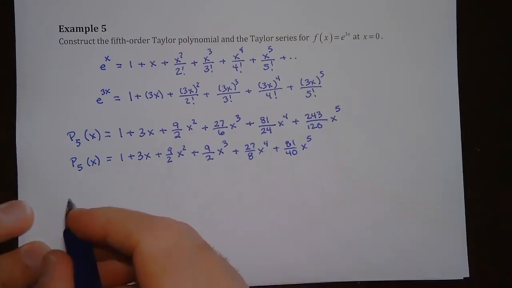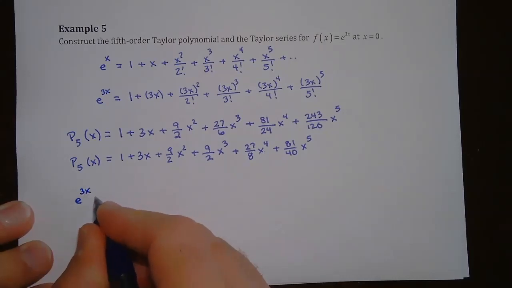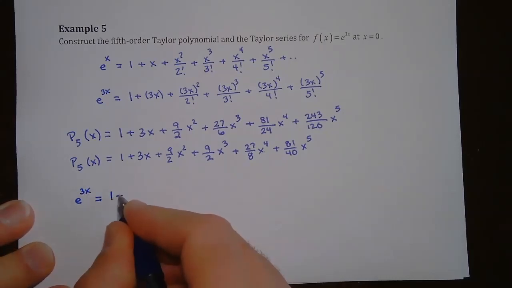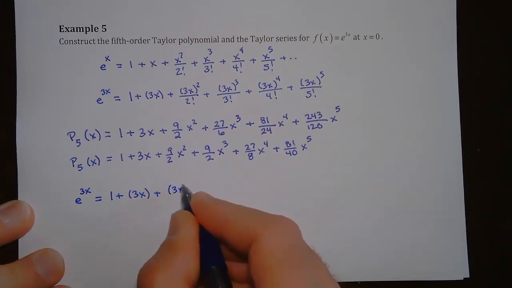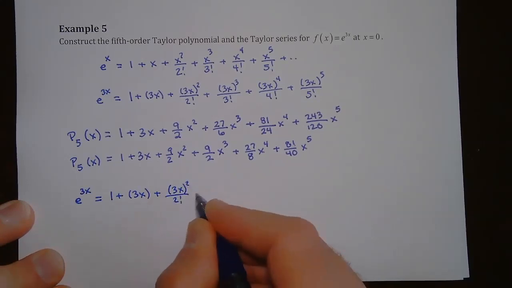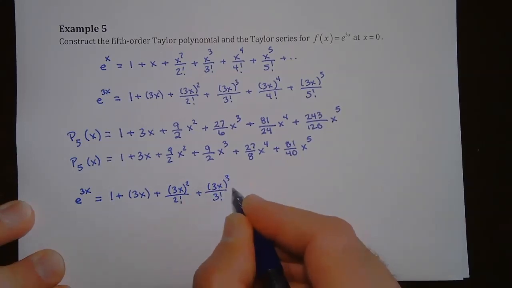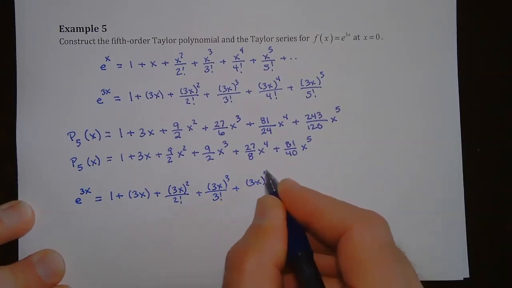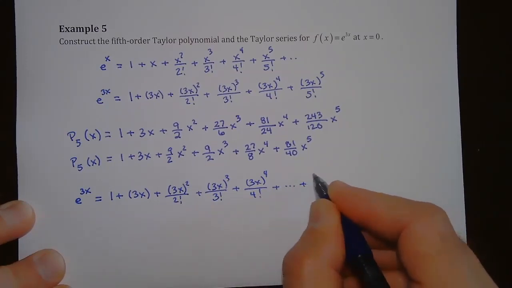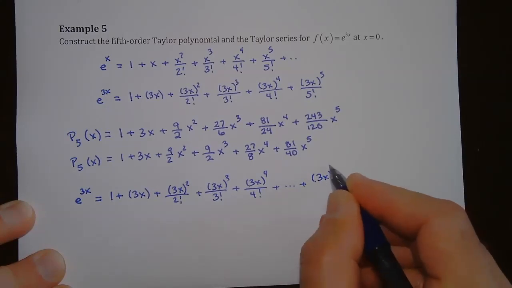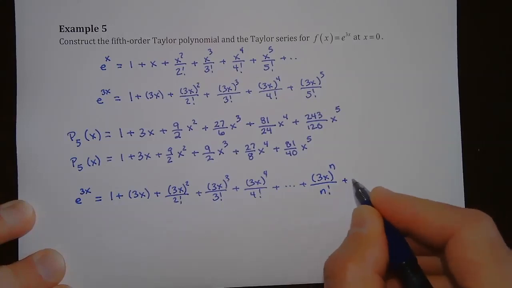Okay, now the Taylor series. So now for the Taylor series, e to the 3x is equivalent to 1 plus 3x plus 3x squared over 2 factorial plus 3x cubed over 3 factorial plus 3x to the 4th over 4 factorial plus dot dot dot plus 3x to the nth power over n factorial plus dot dot dot.